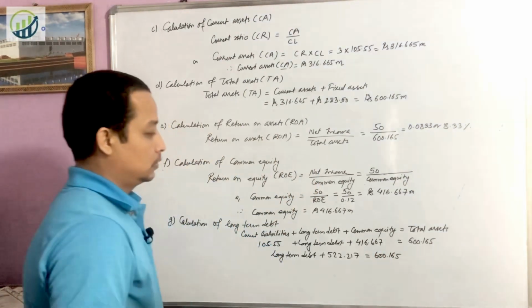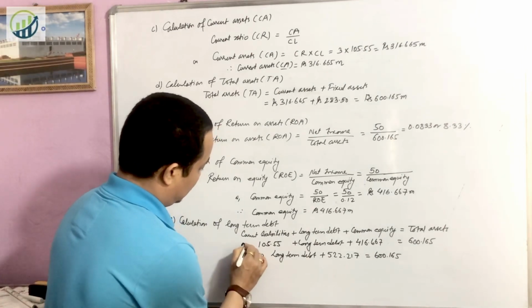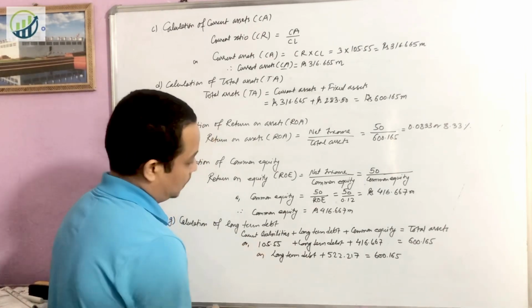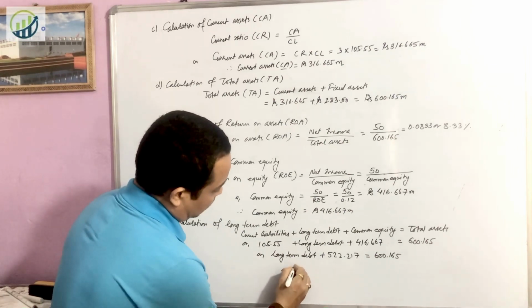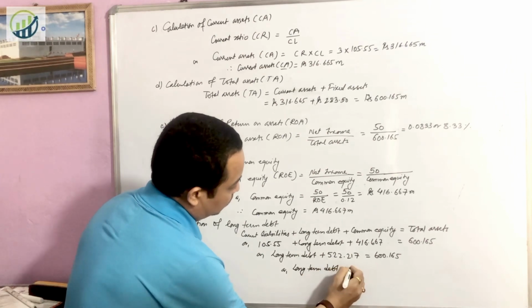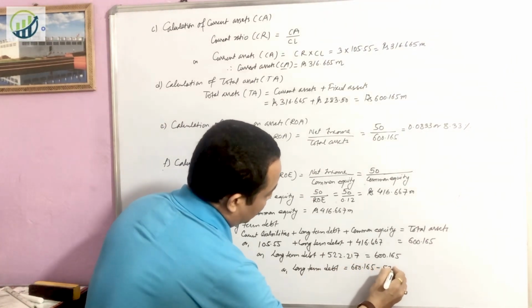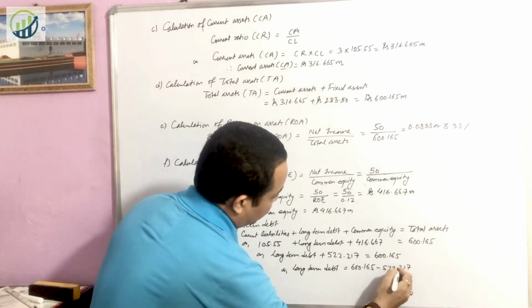Now let's solve this equation again. Long-term debt equal to 600.165 minus 522.217.